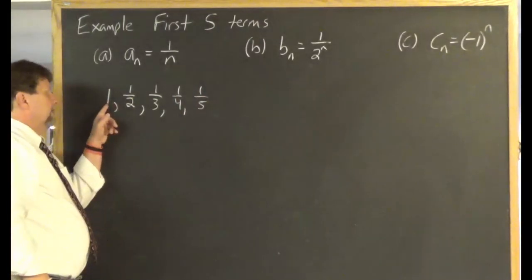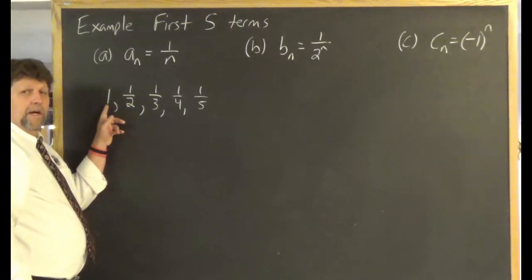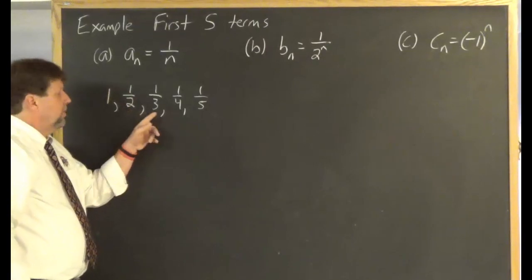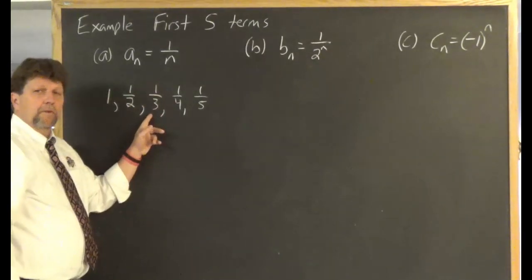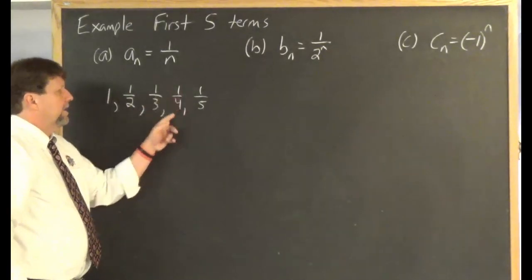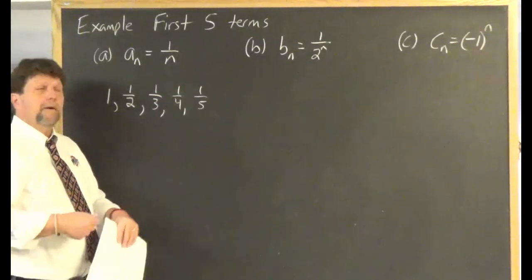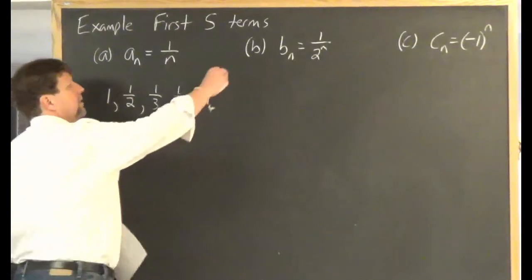So keep in mind, this is the result when n is 1. This term is the result when n is 2. This term is the result when n is 3. This is when n is 4. That is when n is 5. So that would be the first 5 terms of that sequence.